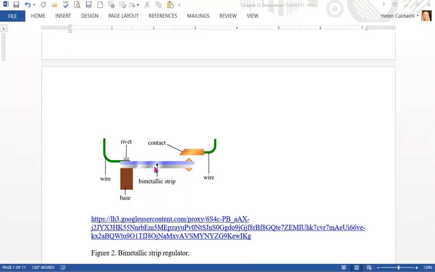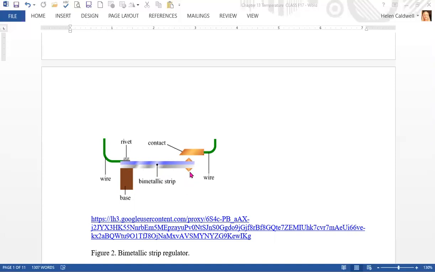So you have the darker blue and the lighter gray, two different kinds of metal. If the gray expands the most on heating, when this is heated, this bimetallic strip will actually curve up and make contact, and when it's cooled, it'll bend the other way and move away from it.